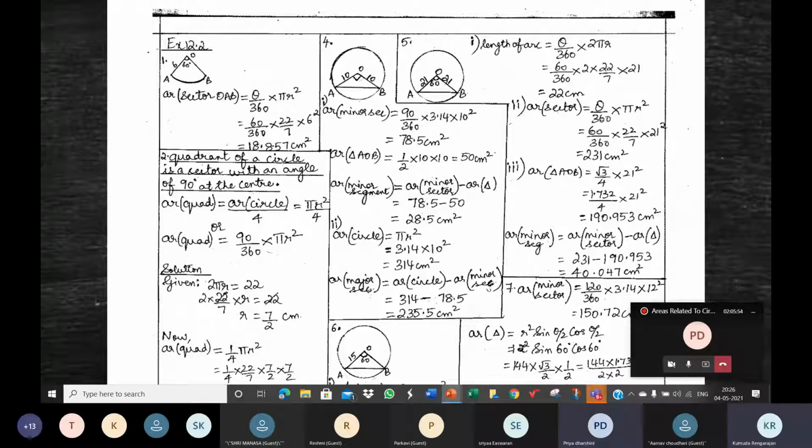By using the formula 360 minus theta by 360 into 2 pi r, ma'am. Okay, so 300 by 360 into 2 pi r. What is the answer you got? 110, right? Yes, ma'am. Then to that, what did you add? Plus the two radii, ma'am. OA plus OB, 21 plus 21. Yeah, you're right, Priyadarshini. Good.